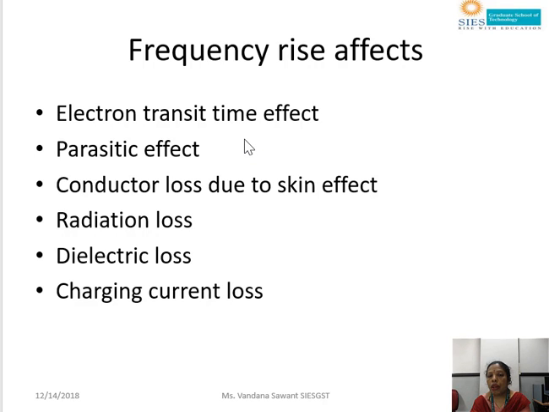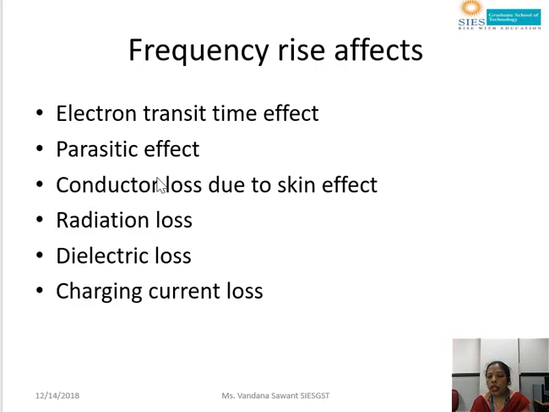This situation at higher frequencies is called the parasitic effect. The parasitic effect limits the power operation at higher frequencies. We will see it again later in detail, what the different capacitances and lead inductances are and how they affect operation, but this is for your knowledge.